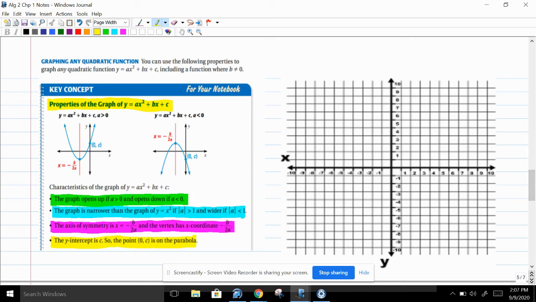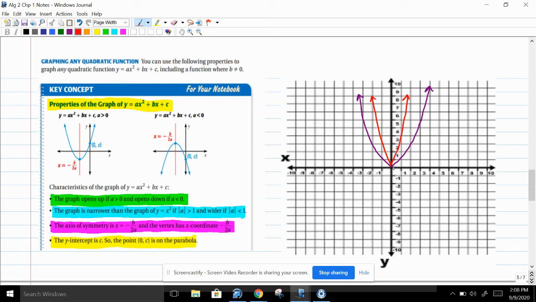Okay, so if I look at my parent function one last time here, my parent function looks something like this. The bigger the a value, the skinnier it's going to get.